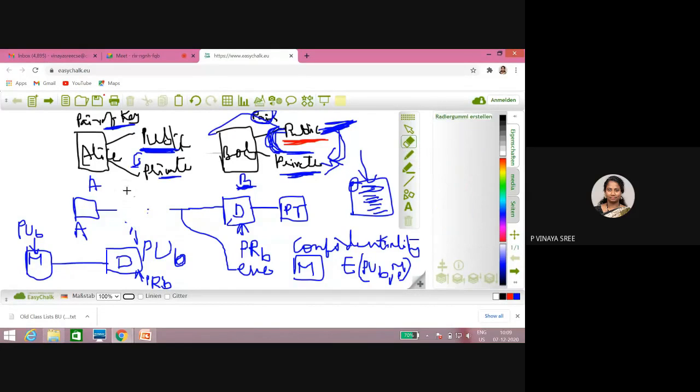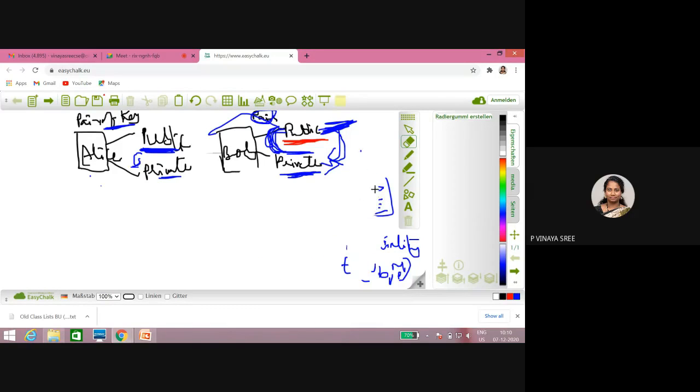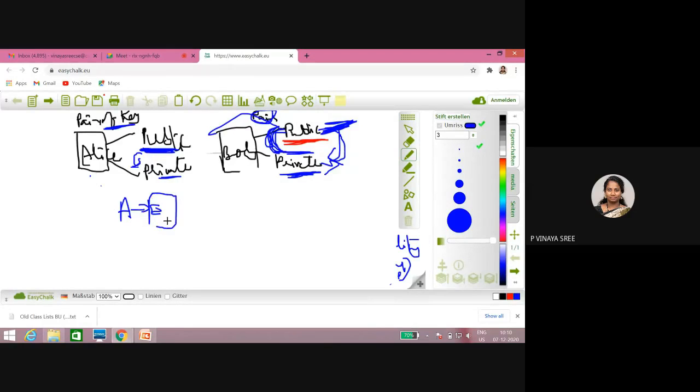I will ask you questions, note them down. One more thing: is it possible to identify from whom I received a message? For example, what we have done just now: Alice encrypted the message with the public key of Bob, and it was decrypted with the private key of Bob, so that we got the plain text.